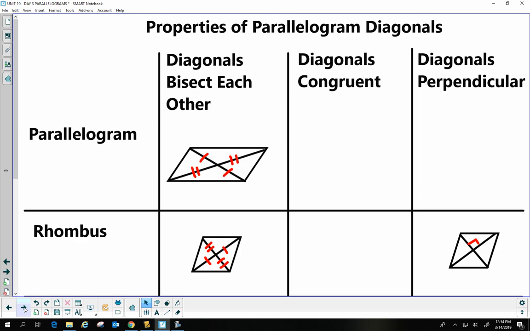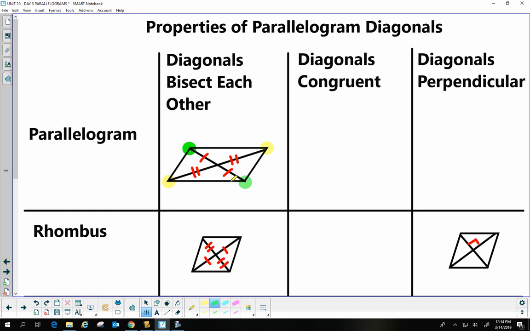And the last thing that we talk about when we talk about properties or characteristics of parallelograms is their diagonals. If we connect the opposite vertices, so if I connected that vertex and that vertex, I get this segment called a diagonal. Same thing if I connect that opposite vertex with that one, I get a diagonal.